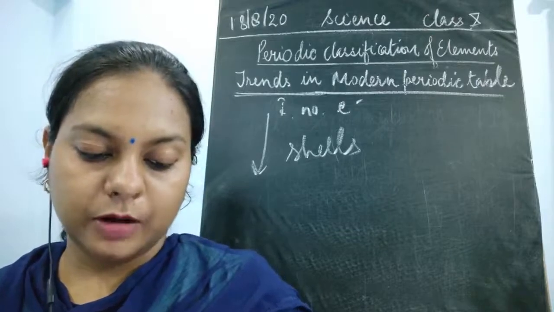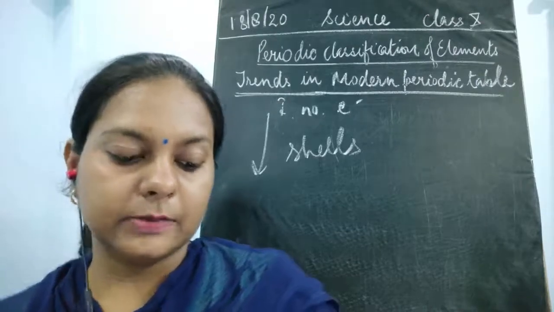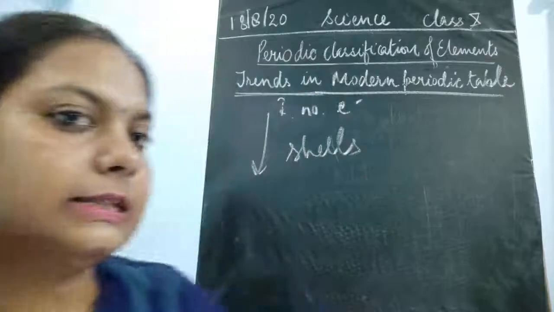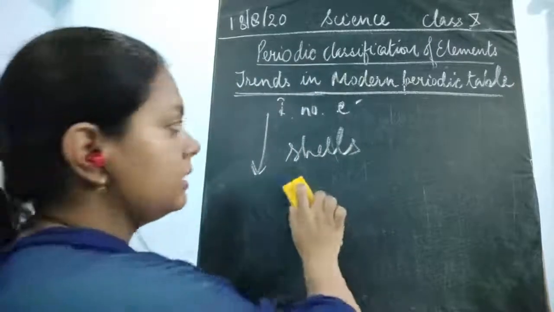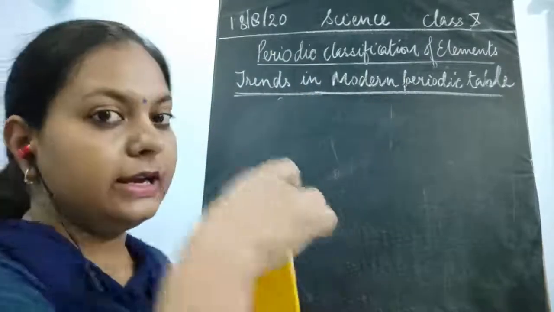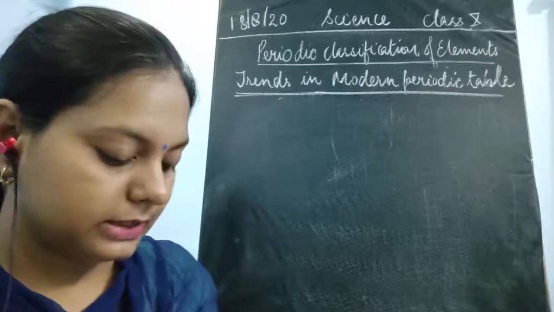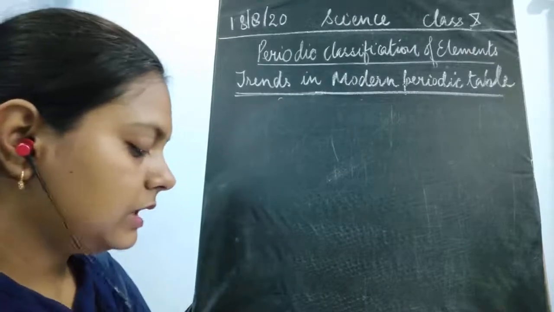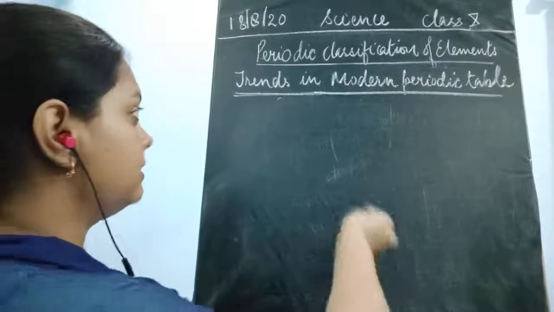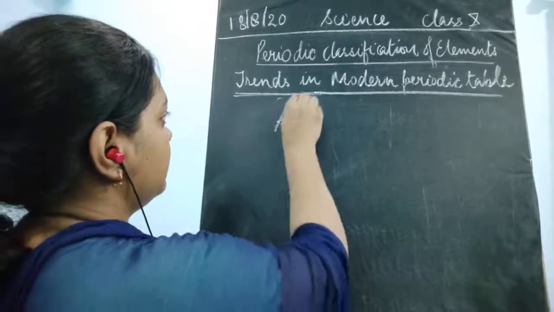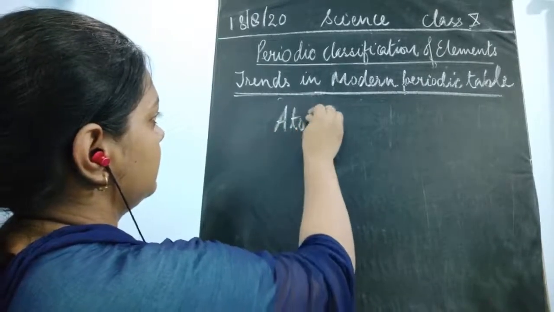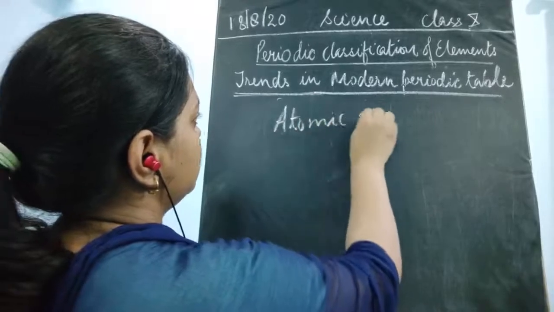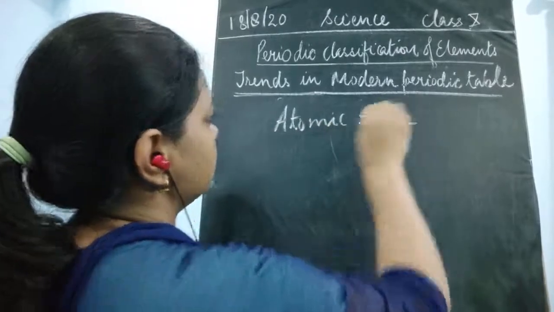So the first trend we will see is that of atomic size. We will discuss the trend in the atomic size, children.